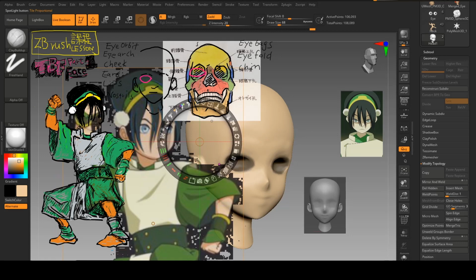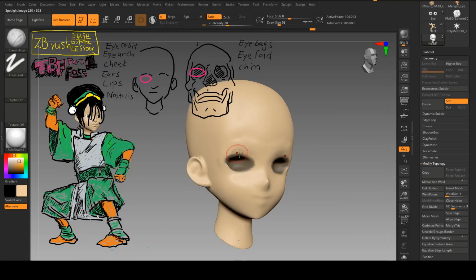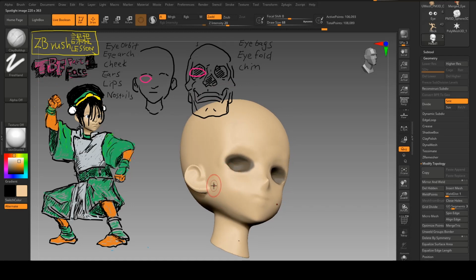See, this anime head has a very sharp chin, but her character has a fatter cheek, and then I give more round cheek.